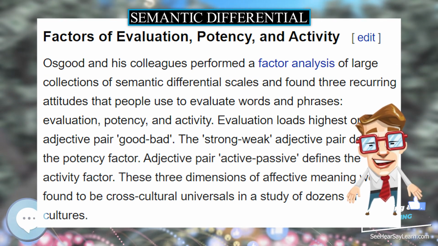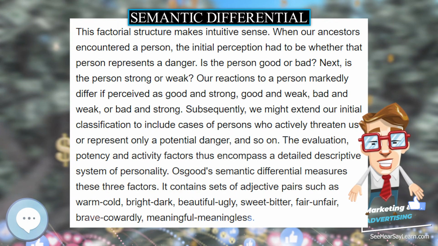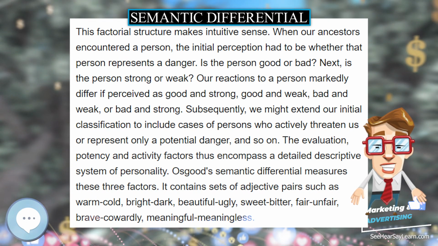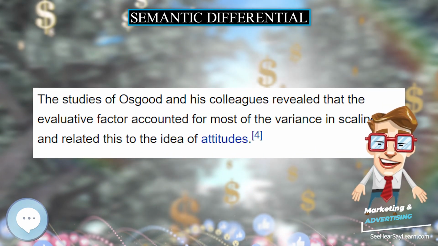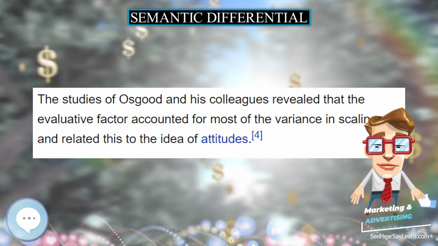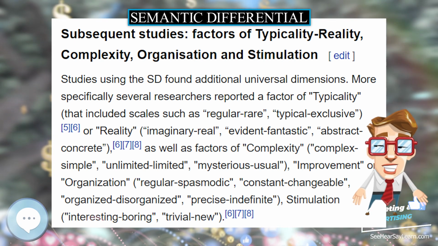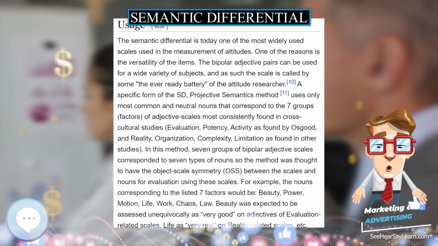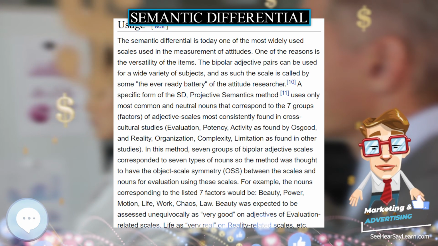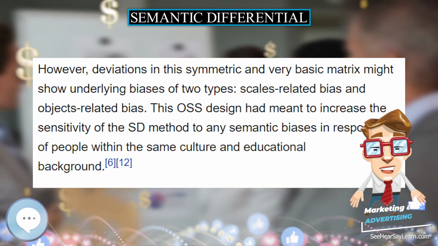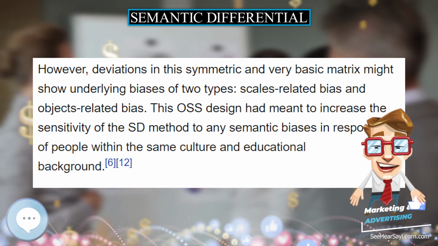This research was used by the CIA to create more effective culturally specific propaganda in the service of destabilizing foreign governments. An example can be found in Chilean newspaper El Mercurio, CIA funded from 1970 to 1973. Semantic differential was used to identify the words that would most effectively engender a negative attitude towards the Socialist Allende administration in the Chilean population.